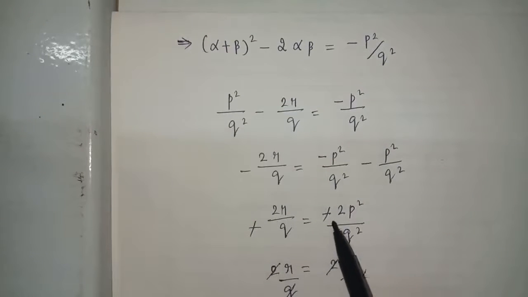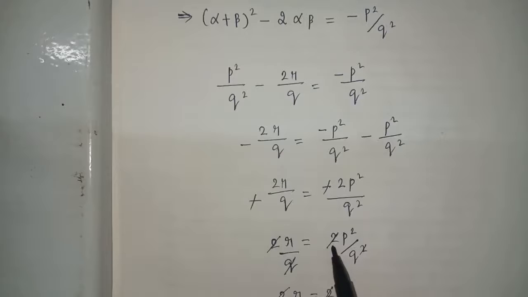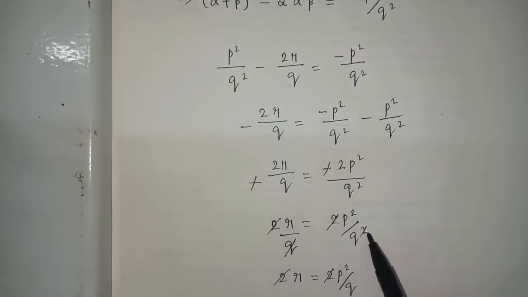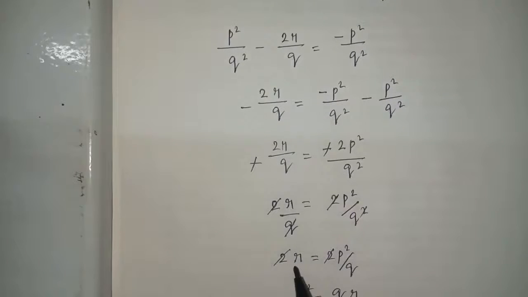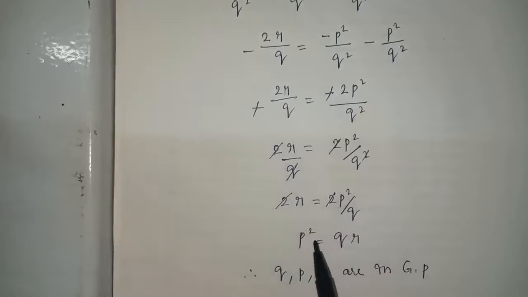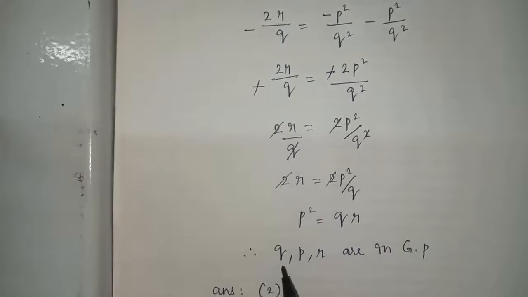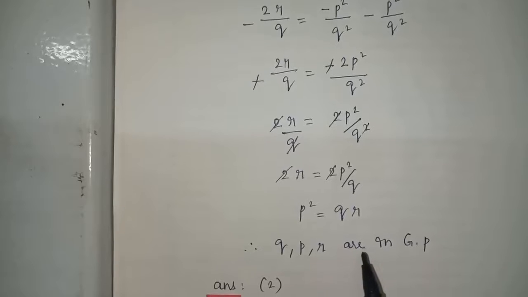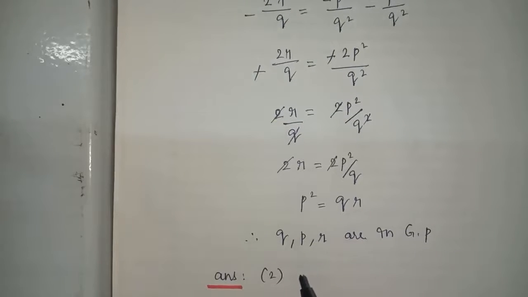Minus 2r by q is equal to minus 2p square by q square. So 2 gets cancelled, minus minus gets cancelled, one q gets cancelled. Remaining, you have 2r is equal to 2p square by q. So p square is equal to qr. Therefore q, p, r are in geometric progression. So the correct option is option 2.